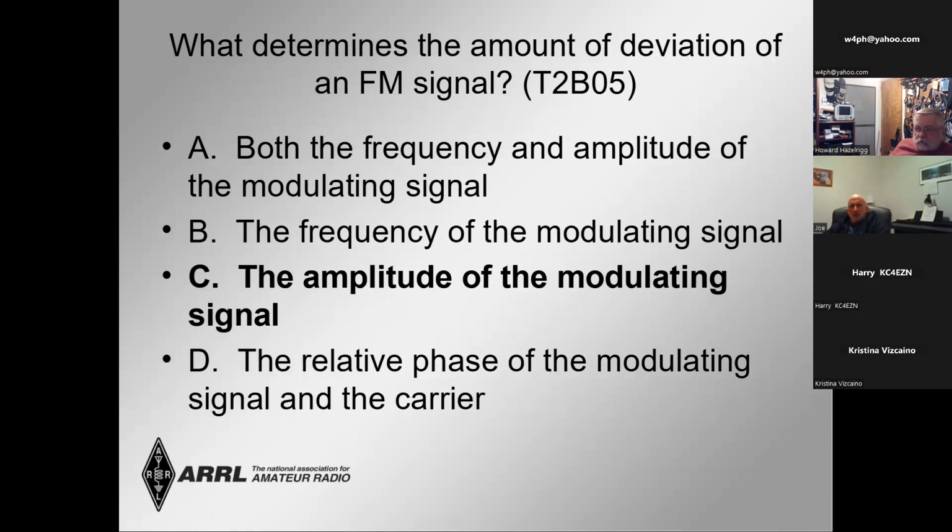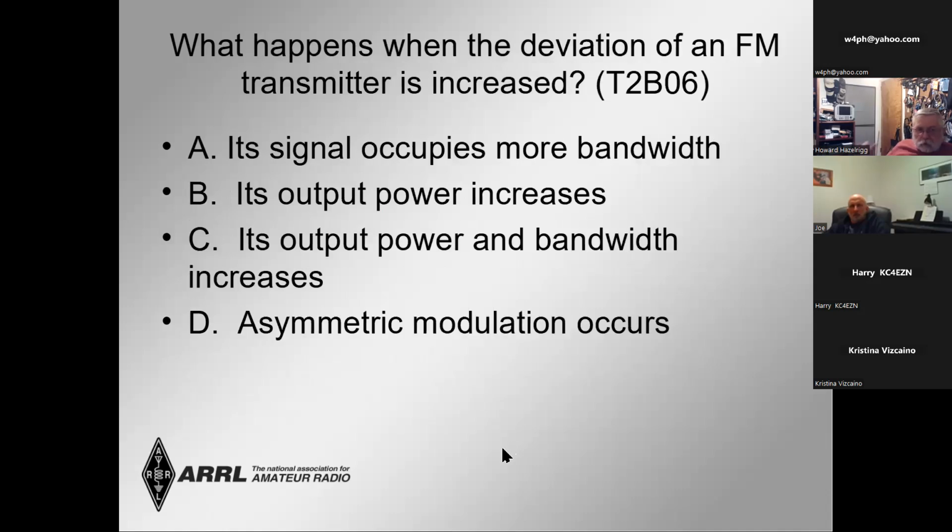The answer is the amplitude of the modulating signal. What happens when the deviation of an FM transmitter is increased? Its signal occupies more bandwidth, its output power increases, the output power of the bandwidth increases, asymmetric modulation occurs.